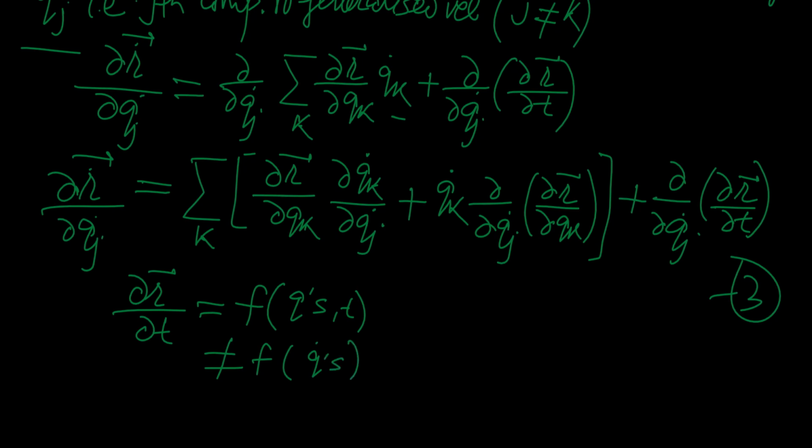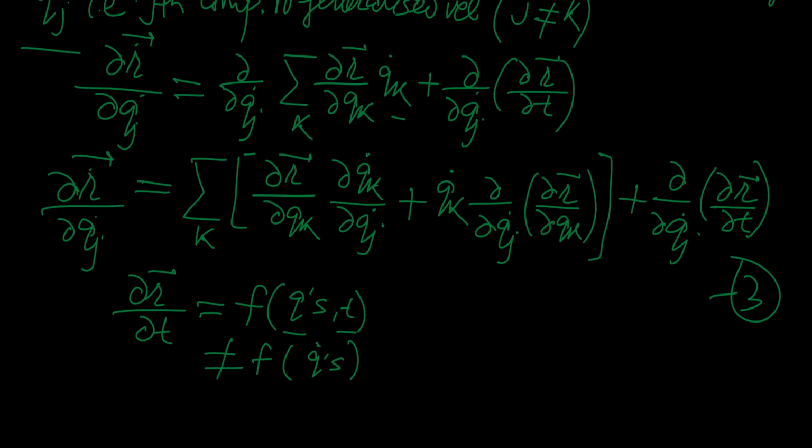It means this quantity ∂r/∂t is a function of generalized coordinates and time, and it is not a function of generalized velocities, that is q̇1, q̇2, q̇3 and so on.